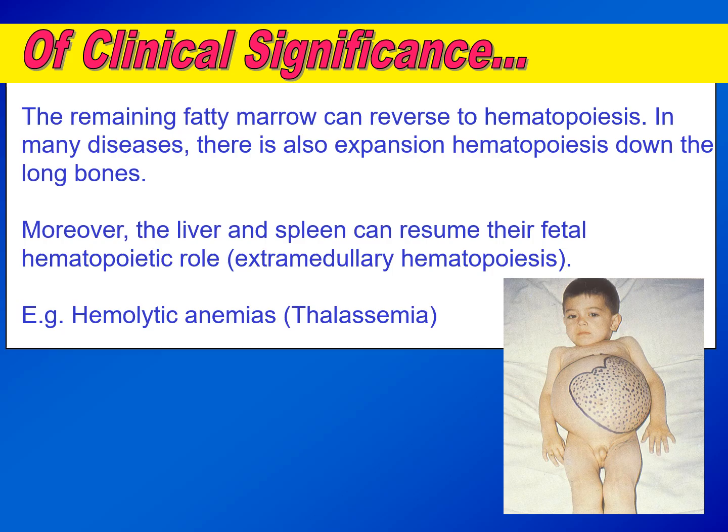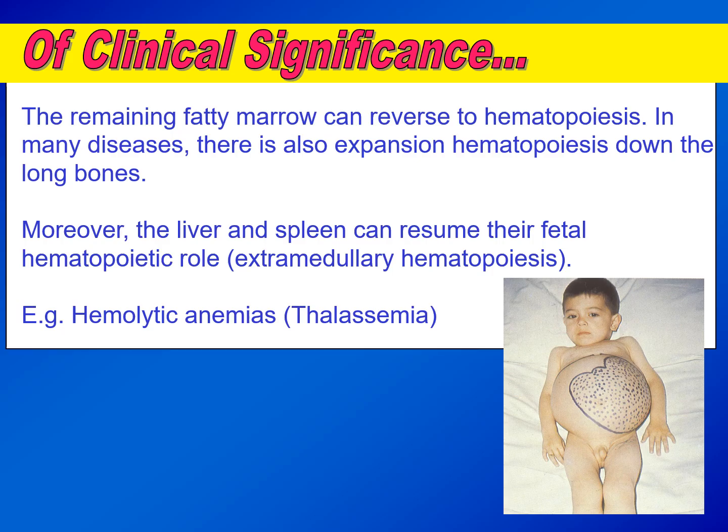Fat spaces become minimal, and in certain pathologic conditions, such as in certain myeloproliferative disorders and in major hemolytic anemias, congenital types such as thalassemia, hematopoiesis may revert to the liver and spleen.